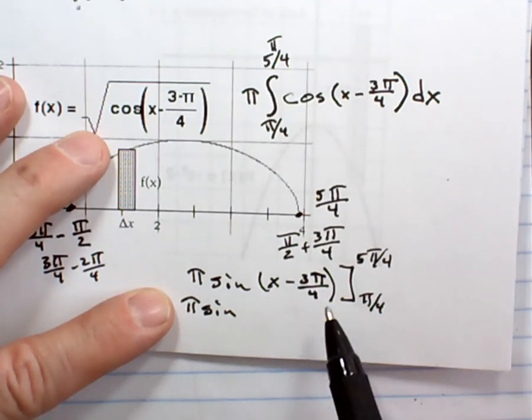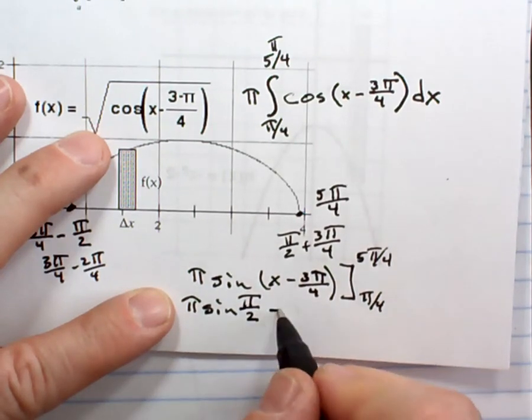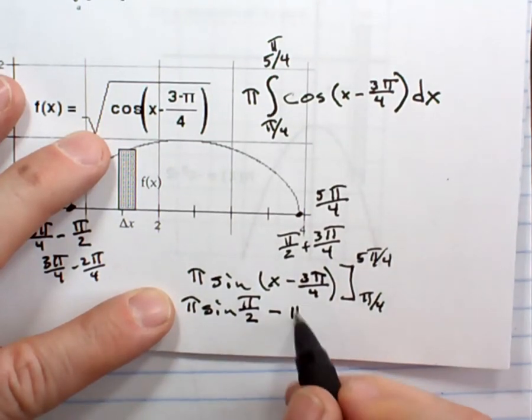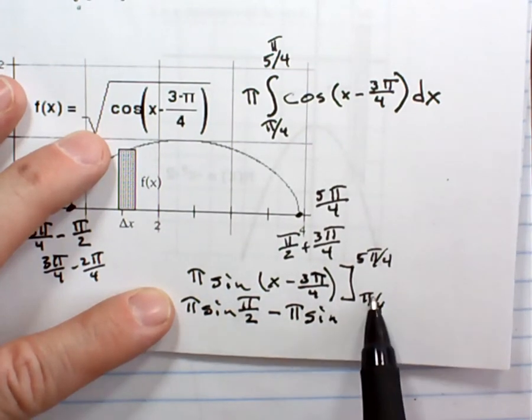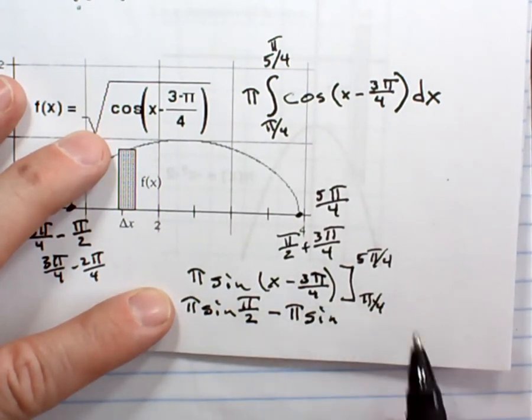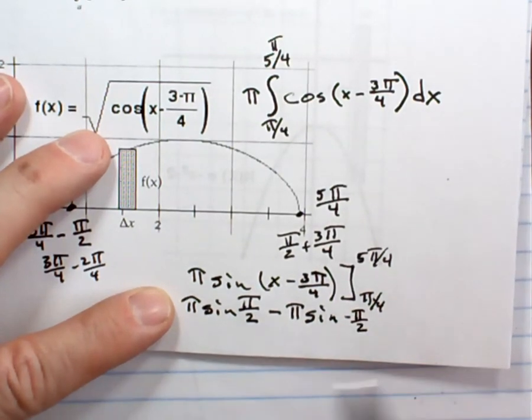Pi over 2? Okay. Minus pi times the sine of pi over 4 minus 3 pi over 4. What's that? Negative pi over 2. Okay?